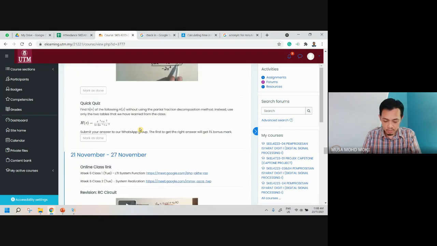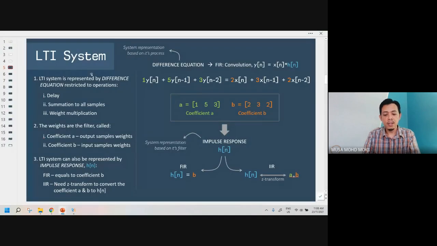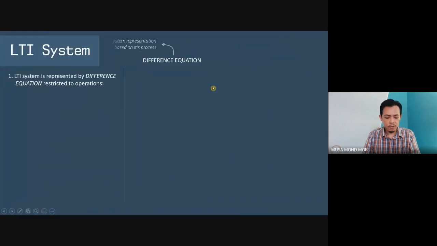Let's see what the LTI system is. This is the LTI system from last time. It can be represented by a difference equation. What is a difference equation? Again, this is a very important term, because for an LTI system, when you see an equation like this, it is what we call a difference equation.